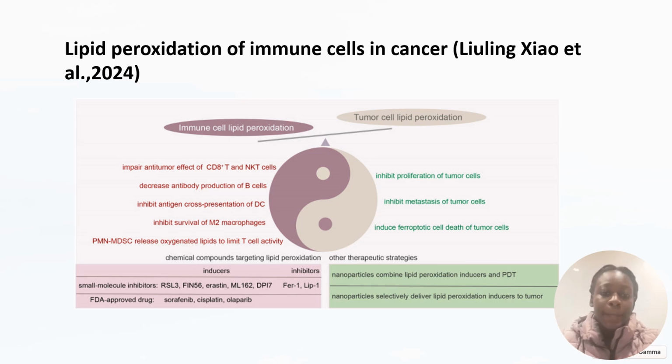So let's start with immune cell lipid peroxidation. In the immune cells, when lipid peroxidation occurs, it inhibits the body's capability to fight off the cancer growth. So for example, it impairs the anti-tumor effect of CD8 T cells and NK T cells.